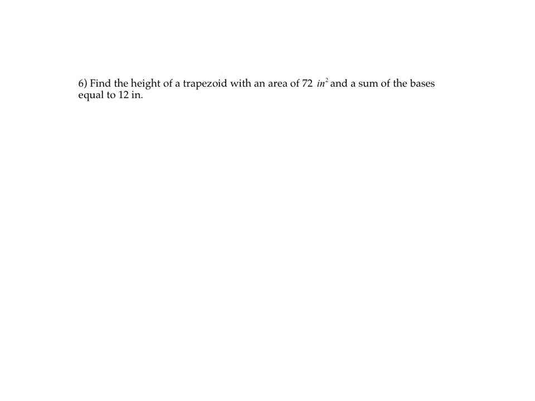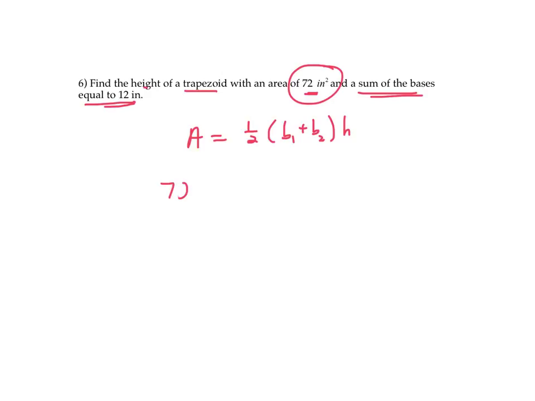Okay, and number 6, this is find the height of a trapezoid with an area of 72 square inches and the sum of the bases equal to 12 inches. So start off with your formula. Area of a trapezoid is 1/2 times the sum of the bases, b1 plus b2, times the height. Okay, we know the area is 72, so write 72 equals 1/2.